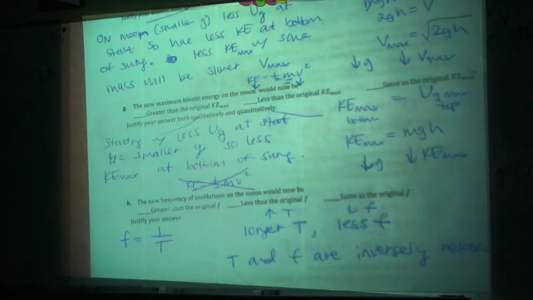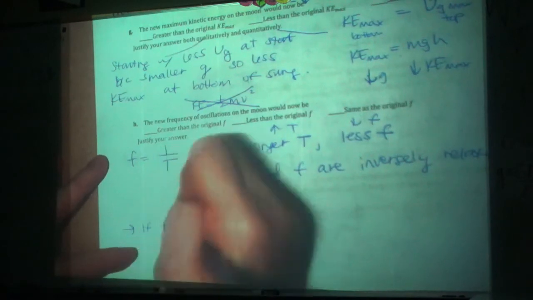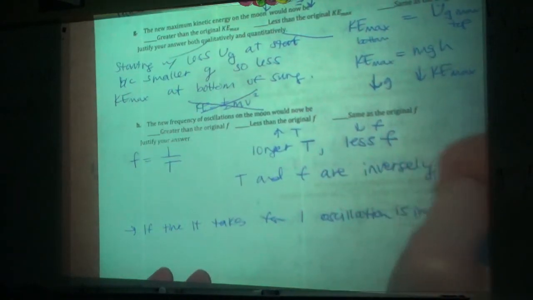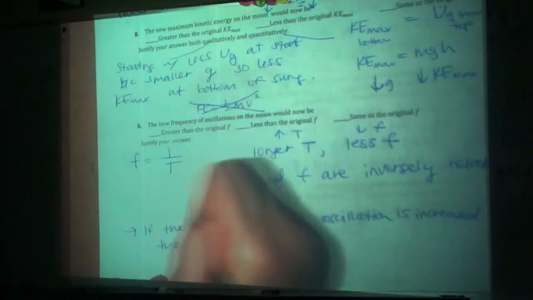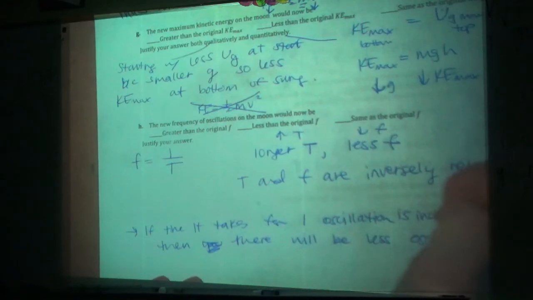Or you could talk about the actual definitions. T is your period, the time for one oscillation. So if the time it takes for one oscillation is increased, then there will be fewer oscillations per second, because the definition of frequency is the number of oscillations per second.